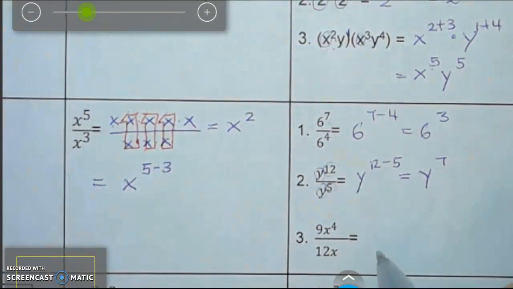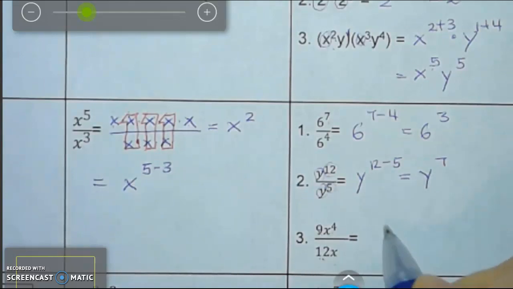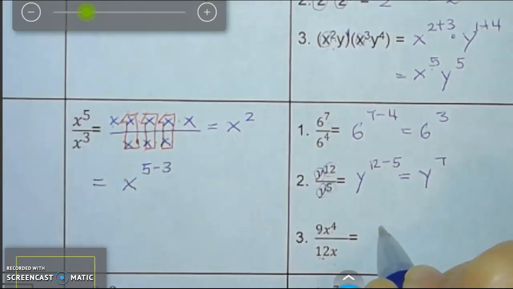And then the last question is 9 times x to the power of 4 divided by 12 times x. And let's see, we can deal with numbers with numbers and the variables with variables. So let's separate this.